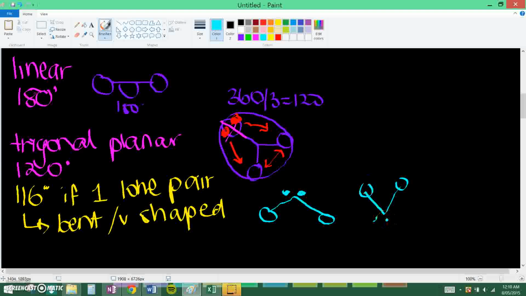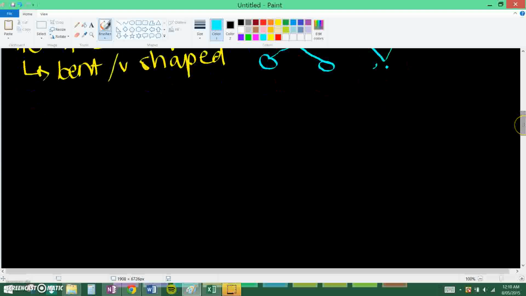Now, the next one is tetrahedral. This is hard to draw, but basically there's one, it's like a tripod stand. I think you get the message.